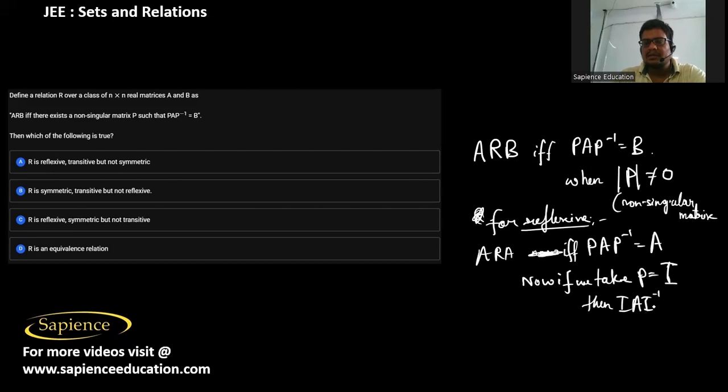So I into A into I is again A. Hence A is related to A. So R is a reflexive relation.